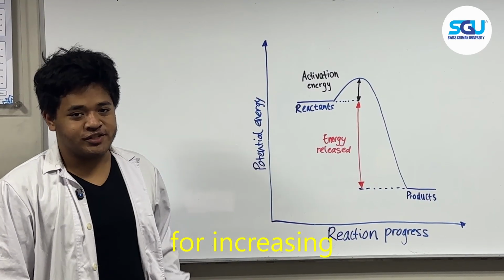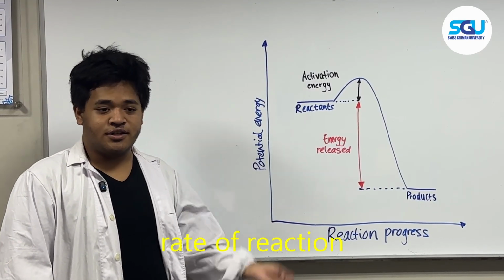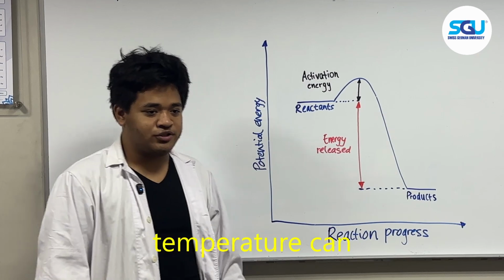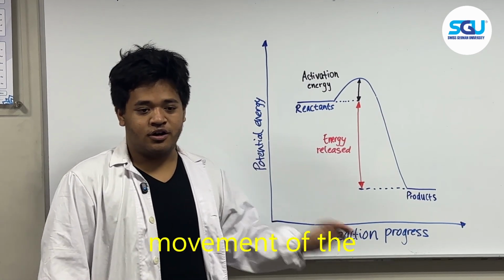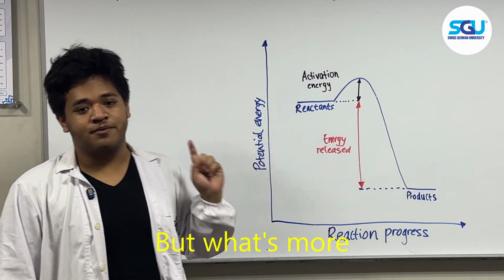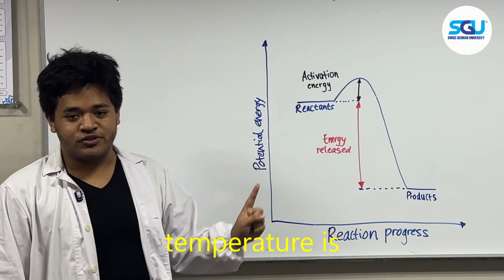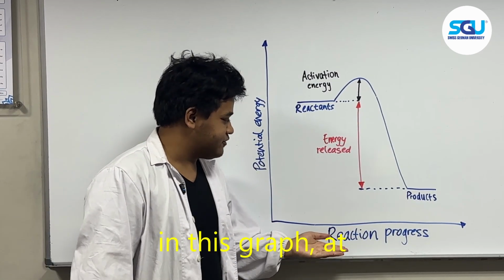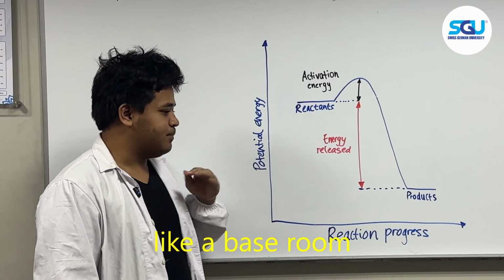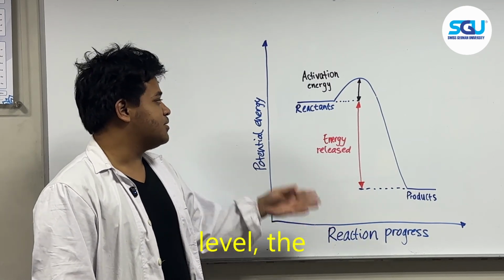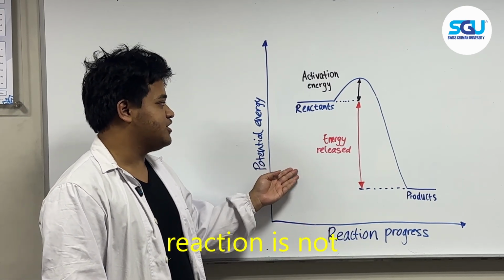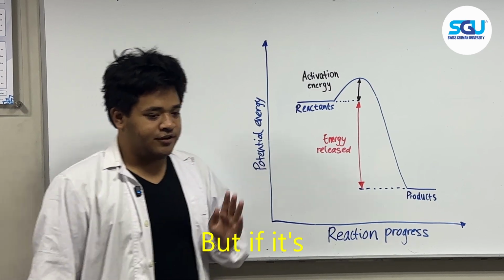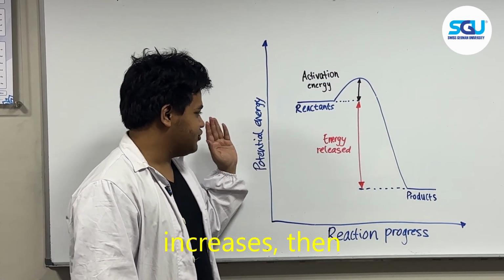Another factor for increasing rate of reaction is temperature. For one, temperature can increase the movement of the molecules, but what's more important is that a certain temperature is needed for even the reaction to start. As you can see in this graph, at a base room temperature level, the potential energy to start a reaction is not enough. But if it's heated up, the potential energy increases.